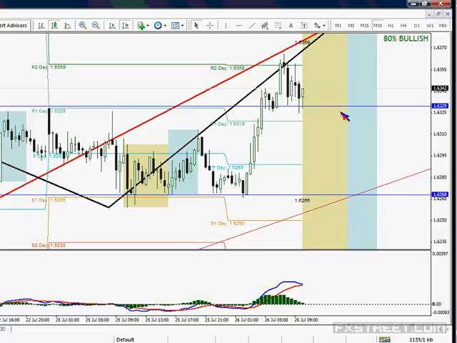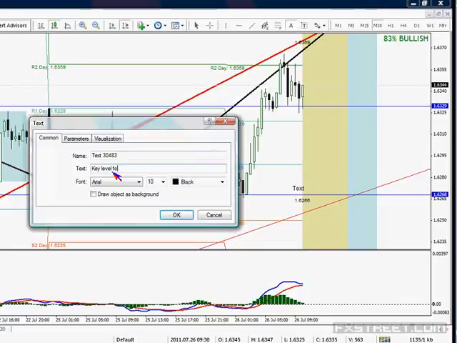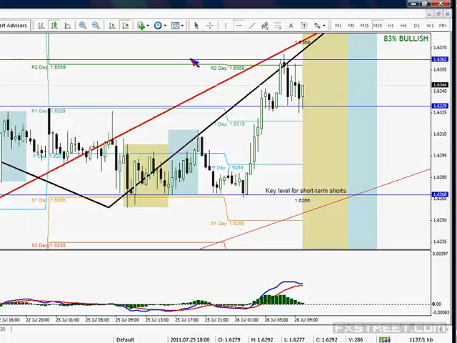Let me just mark it. Key level for short-term shorts. Now, this level right here, the current high, would be interesting for a breakout scenario. Okay, but I would say not 62, but 70.